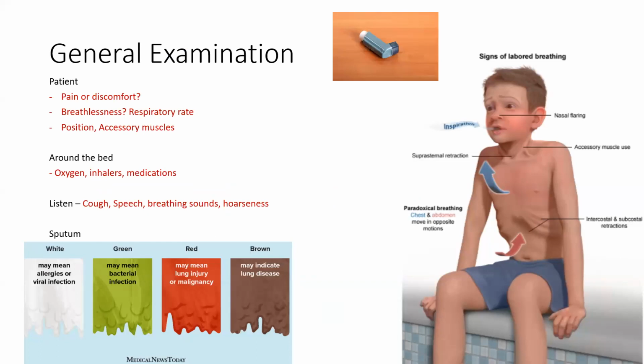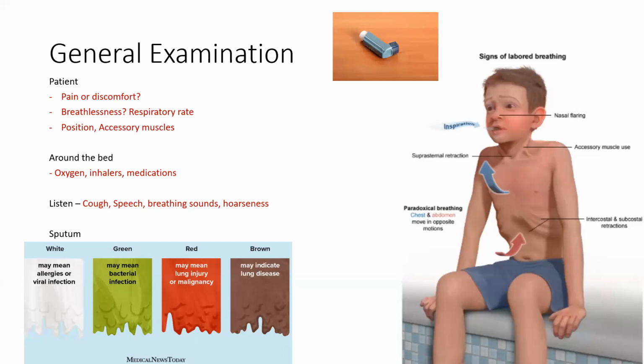You want to see if they're positioned in a certain way to make it easier to breathe. They could be using accessory muscles to help with their breathing. These are all signs of increased work of breathing, meaning they need to use a lot more effort to breathe, whereas normally you just do it passively.